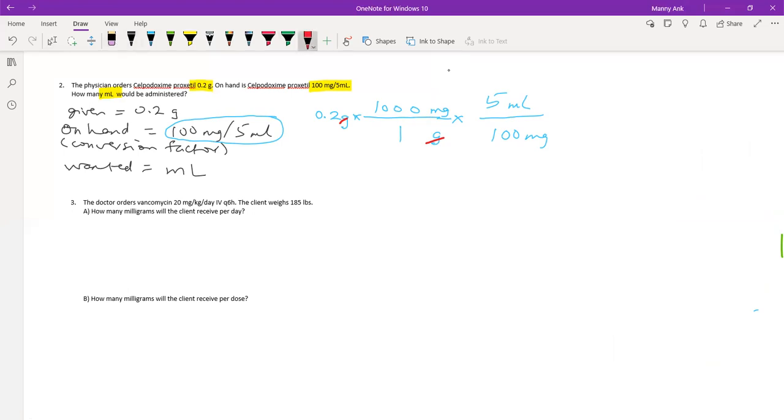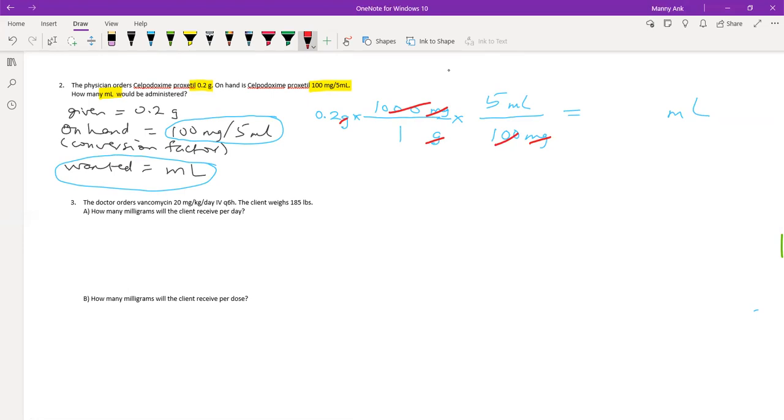So the milligrams cross out, and my answer is going to be in ml, which is exactly what I want. So the setup is perfect. Now we can simplify this. The two zeros in 1,000 cross out with the two zeros in 100. What do I have left? 0.2 times 10 times 5.